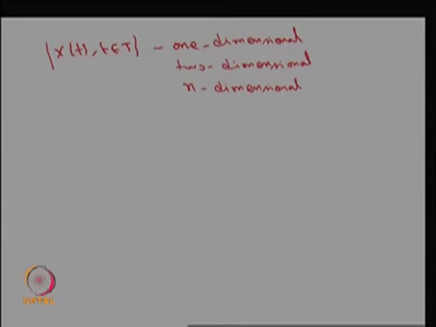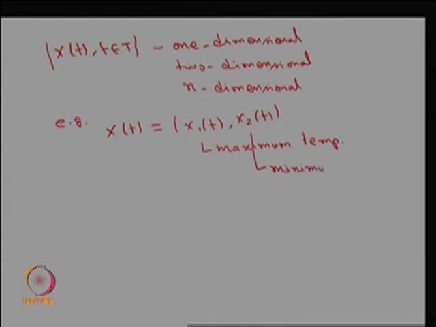By default it could be one-dimensional, or two-dimensional, or n-dimensional. Let me give one simple example of a two-dimensional one. I have a random variable X(t) = (X1(t), X2(t)), in which X1(t) is the maximum temperature and X2(t) could be the minimum temperature, the maximum and minimum temperature possible of a place at any time t, and together this is one random variable.